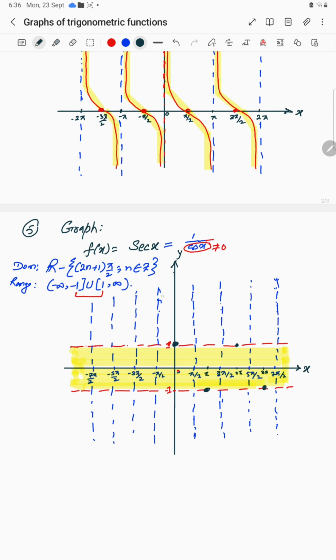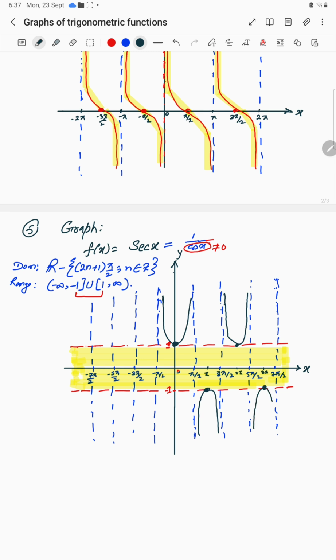You can see the shape will exist like a parabola between these two, or alternately the graph goes up and down, with this parabolic shape here.